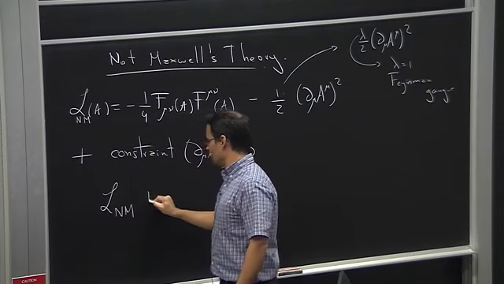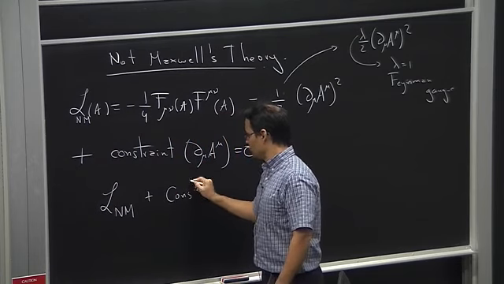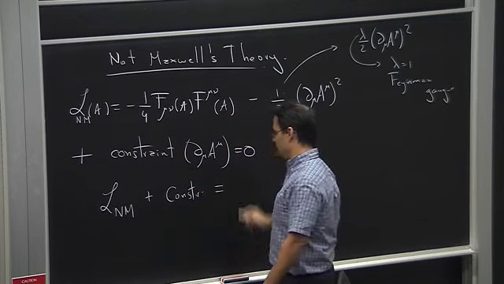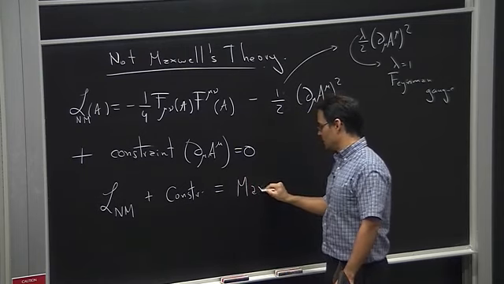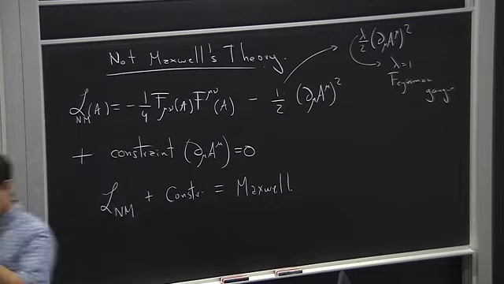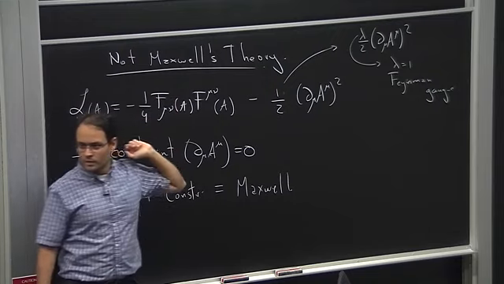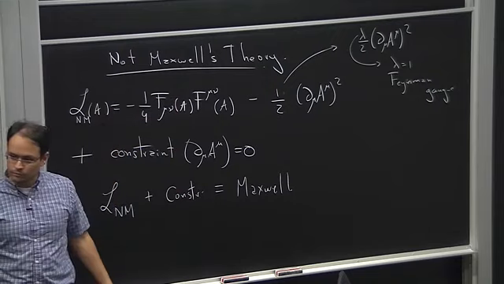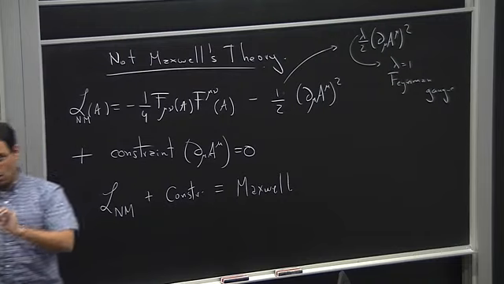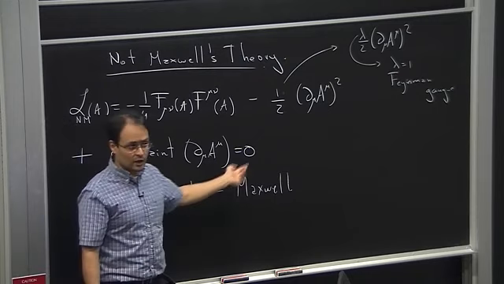So not Maxwell plus a constraint equals Maxwell. Looks silly now, but you will see that it's important. So just adding 0 is like... Well, not to the Lagrangian, right? No, but you set the condition that the divergence of A is 0. Yeah. You work it out. After we find the field equations and we study the dynamics, we impose this constraint, yes.